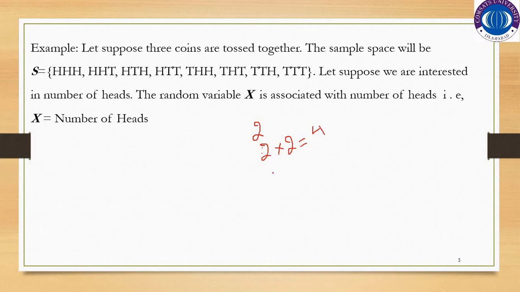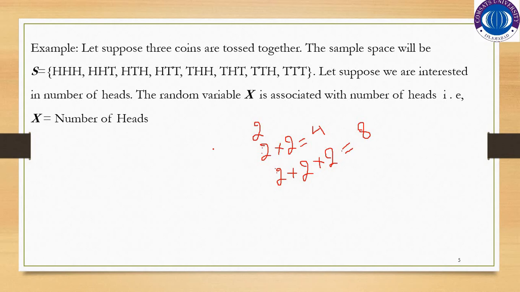If we toss 3 coins together, or we toss a single coin 3 times, there would be 2 cross 2 cross 2, which means 8 possible outcomes.